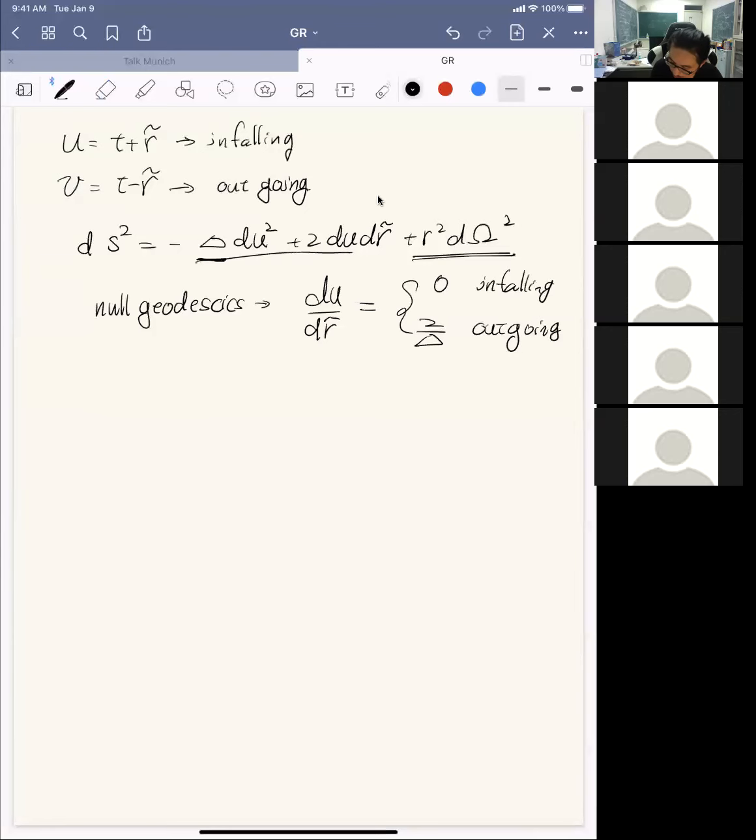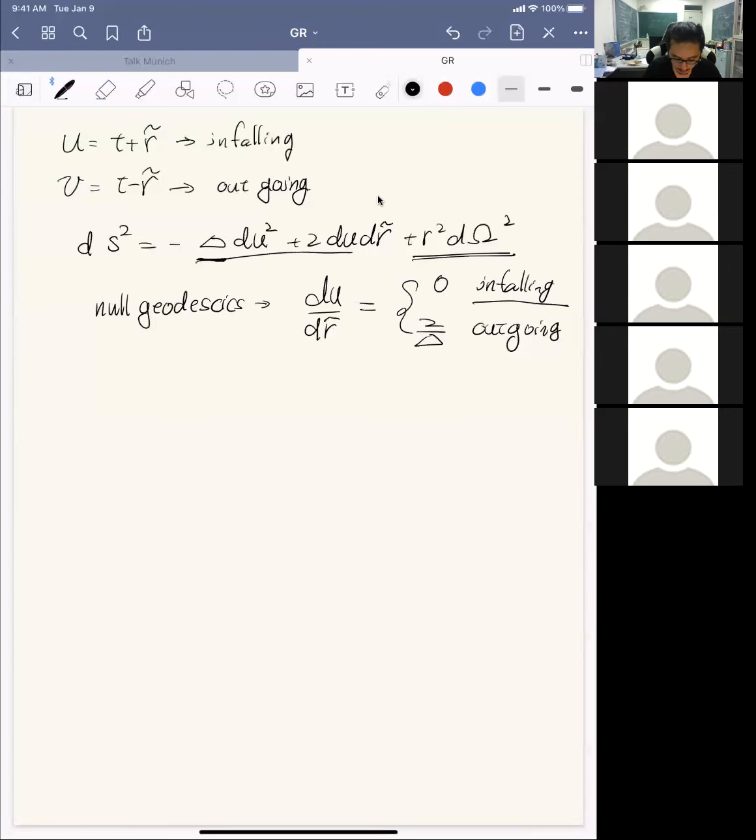Okay, so can anyone tell me why this is 0 again? Why is the infalling null geodesic 0? Because u is constant. Very good, because in the infalling coordinate, remember that when we're doing the infalling coordinate, we have u set to constant, right? That's the infalling one, so that thing is 0.